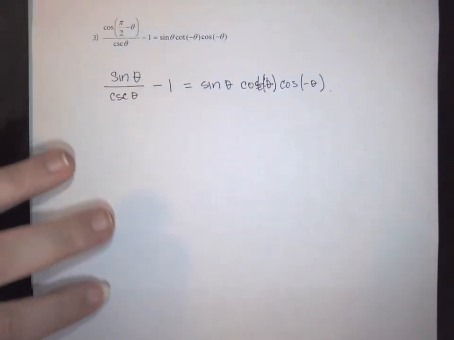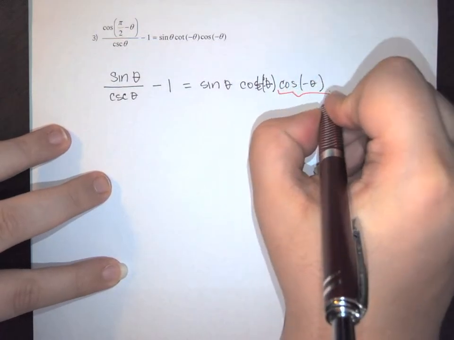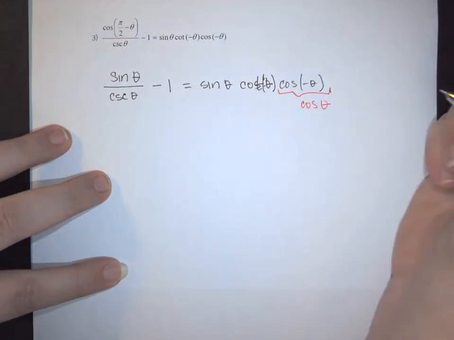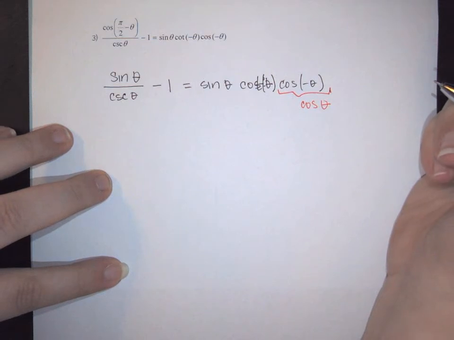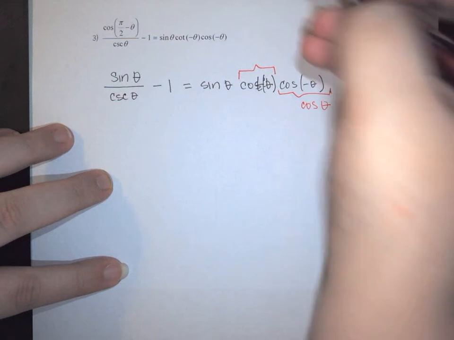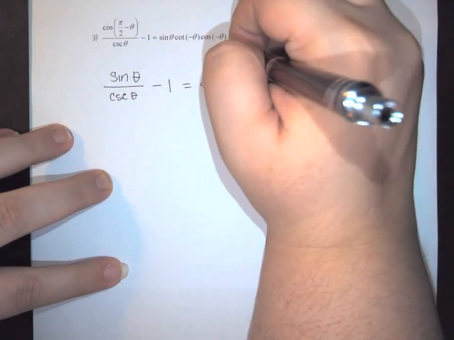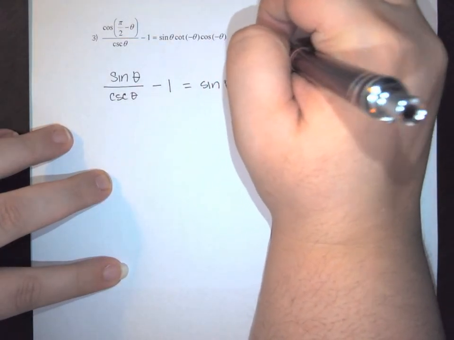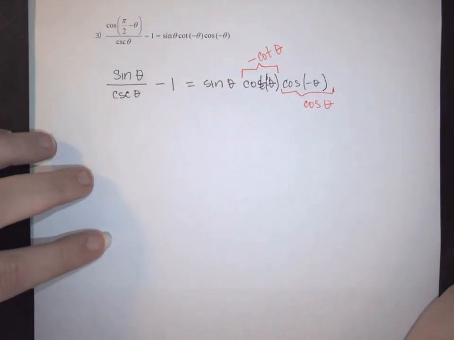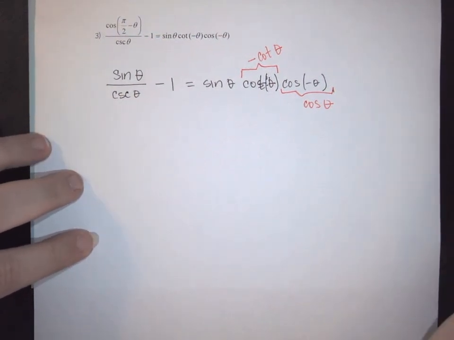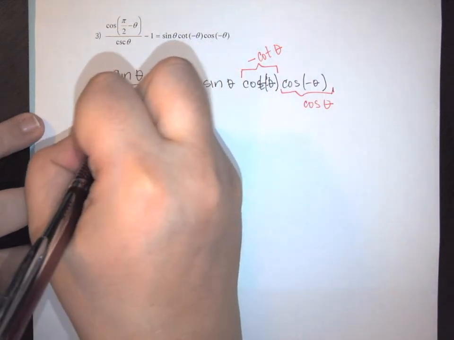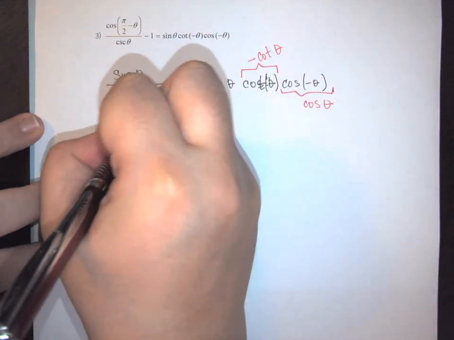Well, first and foremost, we know based on our negative rules that this is going to be the same as the cosine of theta. And my cotangent of negative theta is going to be the same as negative cotangent of theta. And so we need to start manipulating our equation. We also know that the cosecant is going to be the same as 1 over the sine.